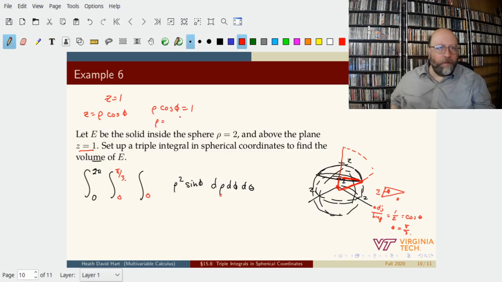So rho is equal to 1 over cosine phi, and that's the same as secant phi, which we saw at the beginning in a different example. We started with the secant phi and worked our way back to find that it was a flat surface. Now we're starting with a flat surface and deriving that it turns out to be secant of phi. We're getting results that match in both cases. All right, and so this is a setup to find the volume of this shape.